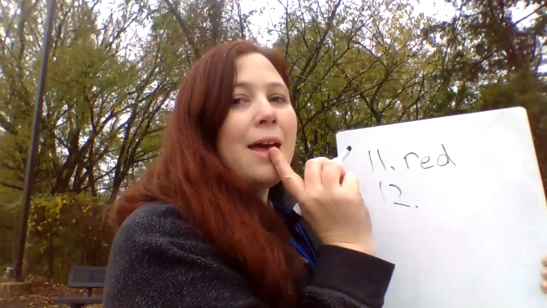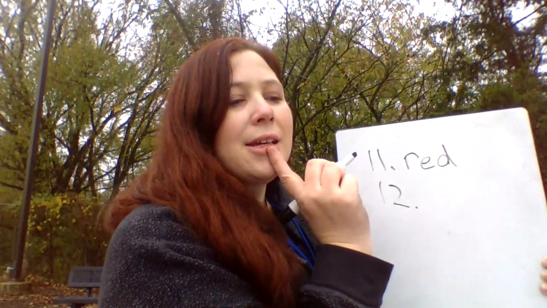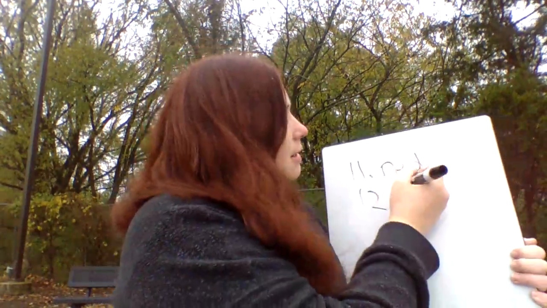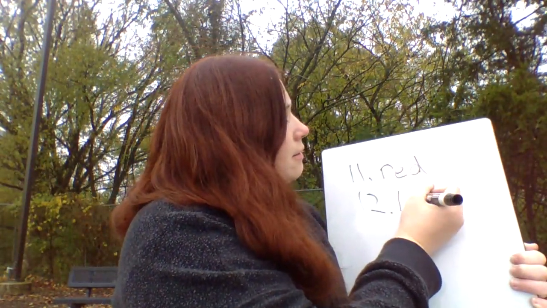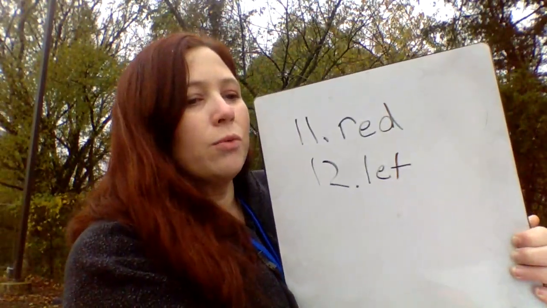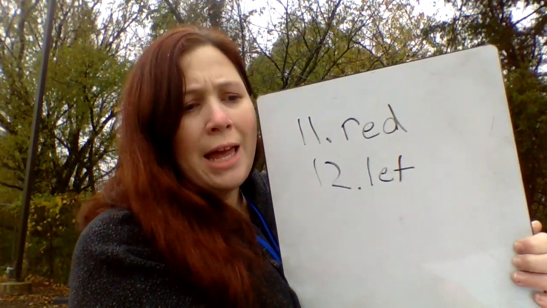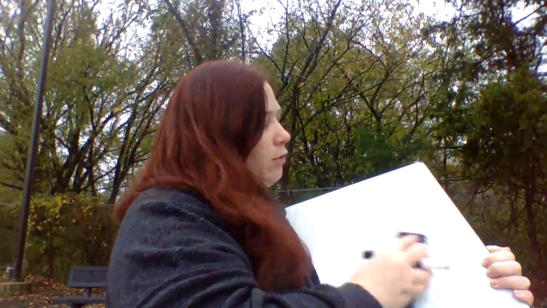And number 12 is let. Let. Make sure you have those written down. Red and let. All right, next let's look at our new sound we're going to learn about today.